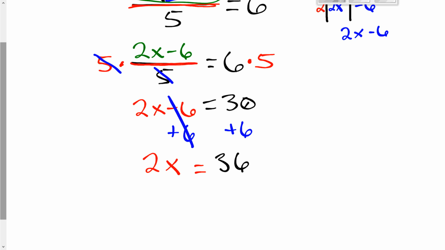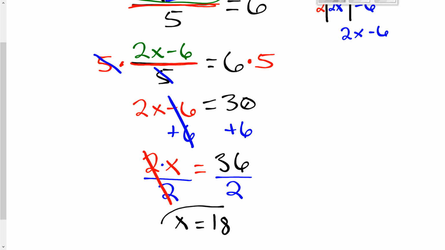And with 2x equals 36, we have to get rid of the coefficient now. Coefficient is 2. Remember that 2x is really 2 times x. And we undo multiply with divide. That's the inverse operation and the division property of equality. These 2's will cancel and leave me with x equals 18.